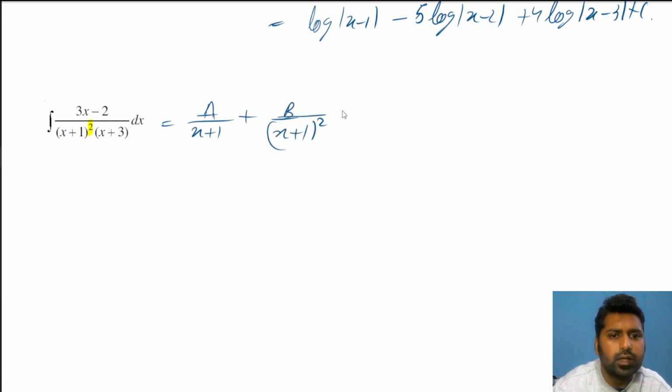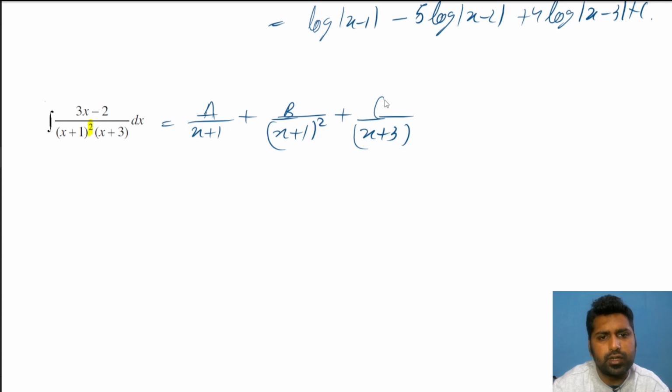So you have to write x plus 1 whole square, both terms, and C upon x plus 3. Again, order does not matter, whether you write A upon x plus 3 first, then B upon x plus 1, C upon x plus 1 whole square, it doesn't matter. This A, B, C are values that will be generated with this expression.